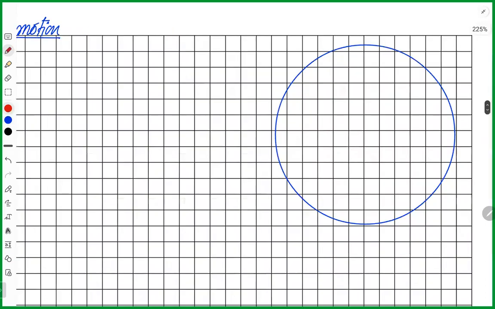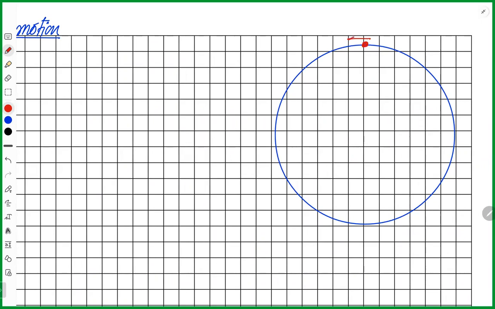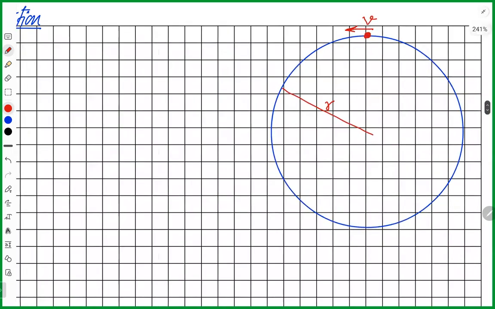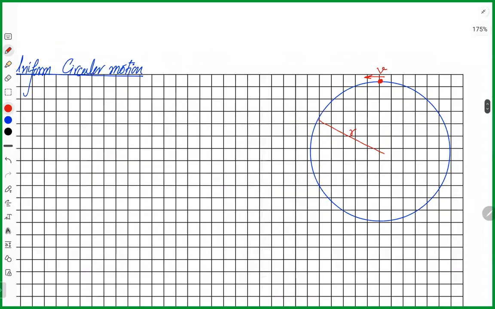Like, what if something is moving in a circular path over and over again? So this is an object which is moving this way with linear velocity v. The radius of the circular path is r. Mass of the object is m.